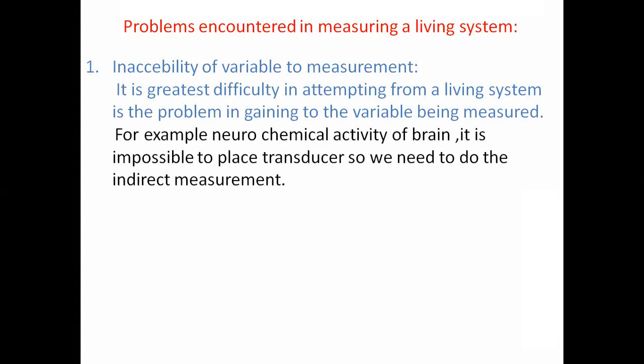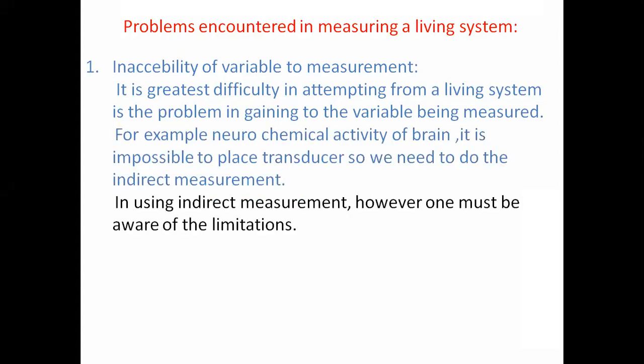It is impossible to place a transducer, so we need to do indirect measurement. That is nothing but inaccessibility of the variable. In using indirect measurement, one must be aware of the limitations. It simply does not measure directly.